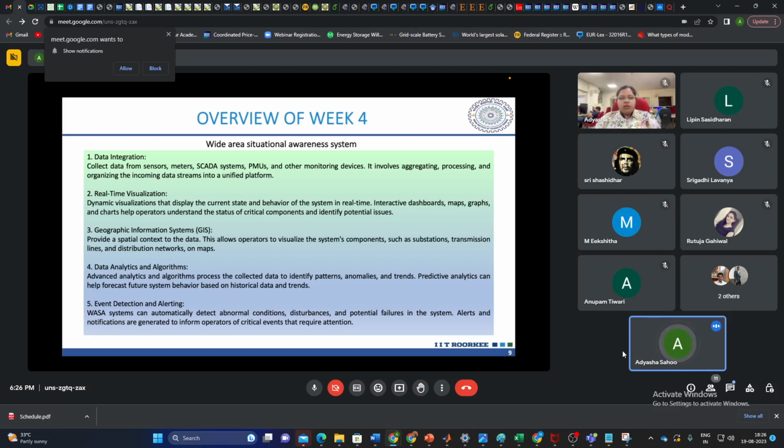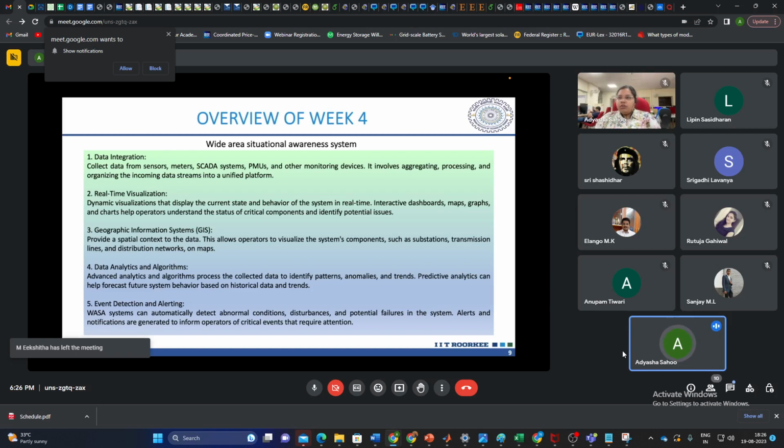Then the fifth one is event detection and alerting. The wide area monitoring system can detect abnormal conditions, let's say if voltage is going beyond the limit, or if there is a sudden disconnection of loads.